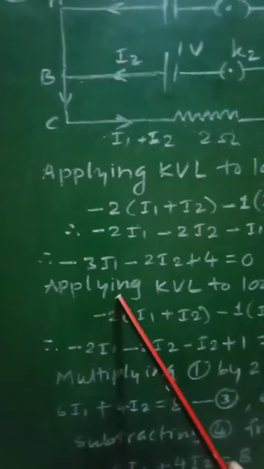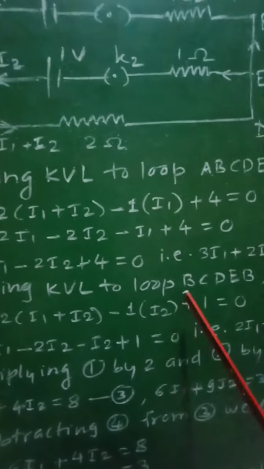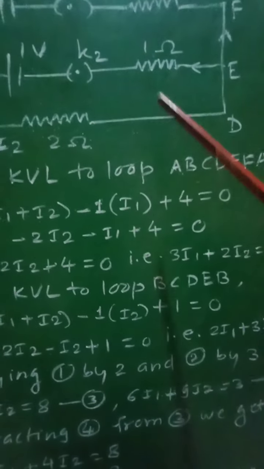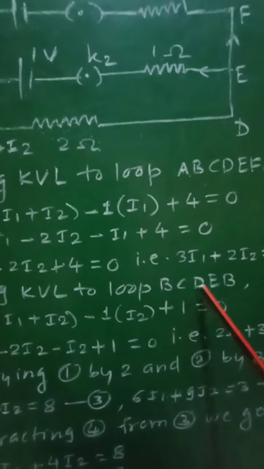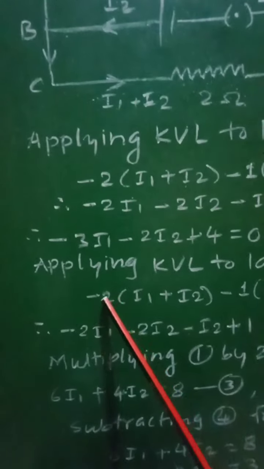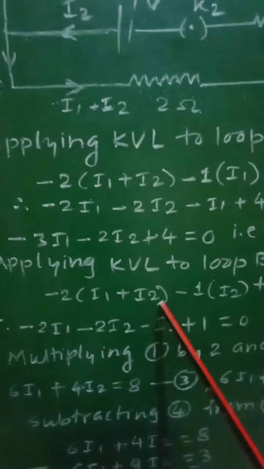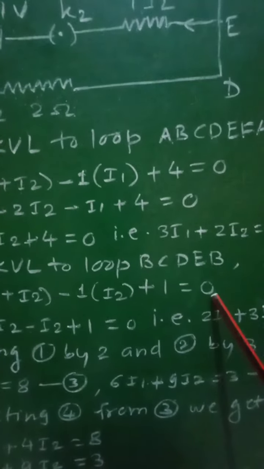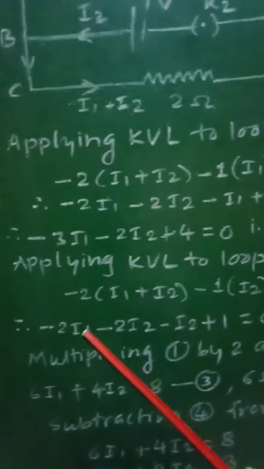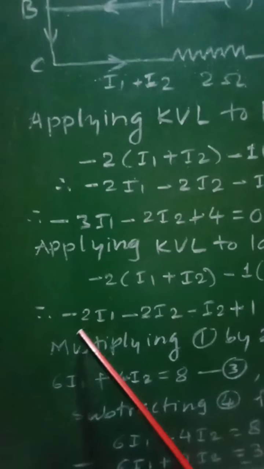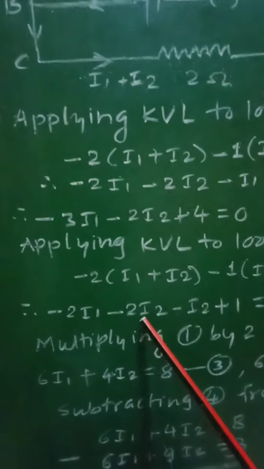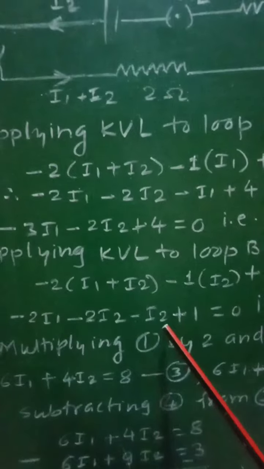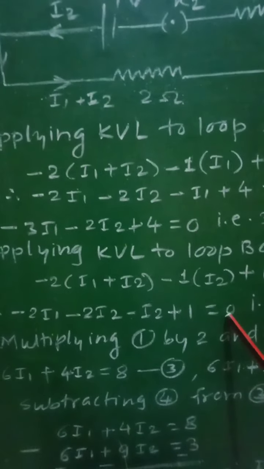Similarly, applying Kirchhoff's voltage law to loop BCDEB, we can write minus 2 into (I1 plus I2) minus 1 into I2 plus 1 equal to 0. By using the same sign convention, solving this, we will get minus 2 I1 minus 2 I2 minus I2 plus 1 equal to 0.